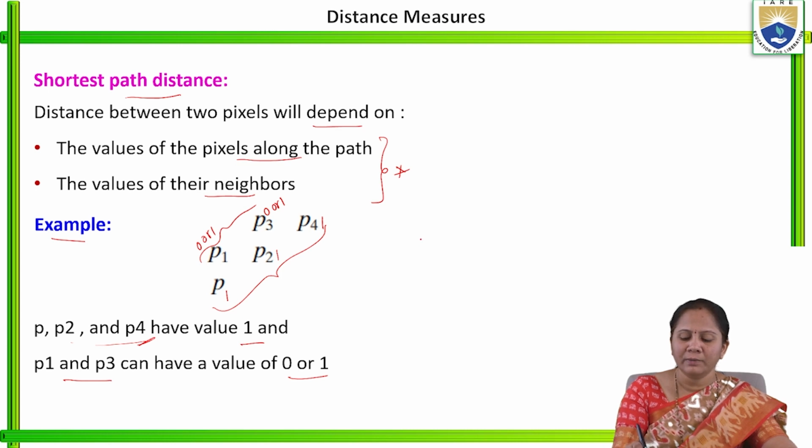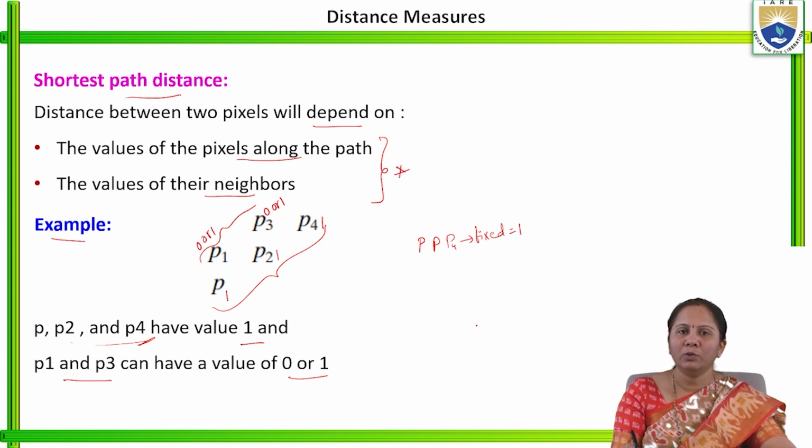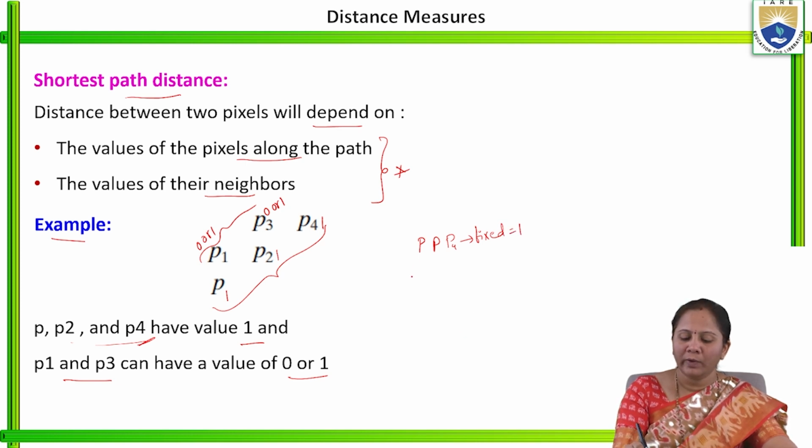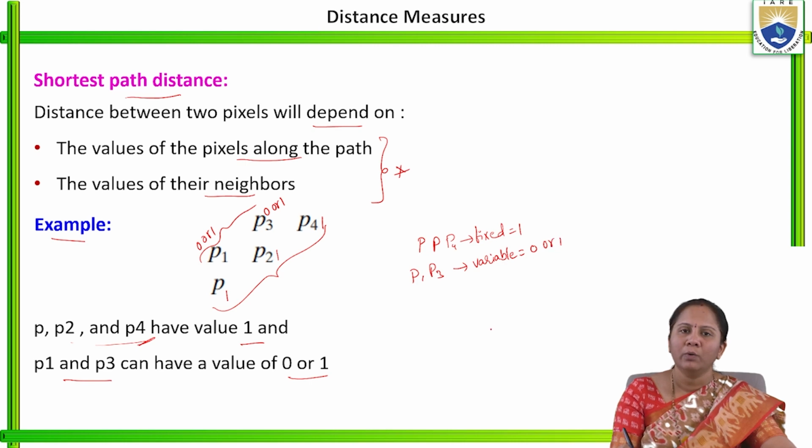So here P, P2 and here P4, they are fixed and that value will be equal to 1, whereas P1 and P3 are variable, that values may be 0 or 1.